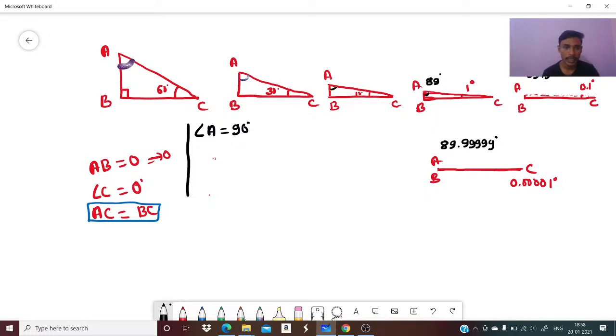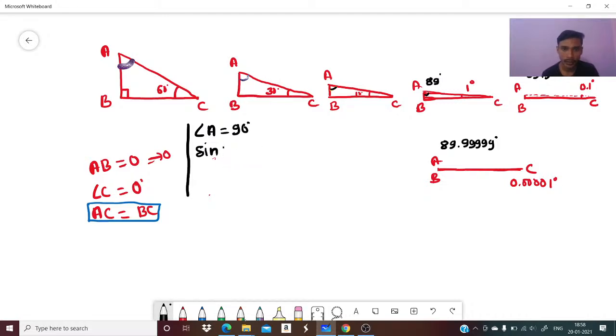Right. And I have the information before that my AB is equal to 0, and my AC is equal to BC. Let me have a look over the chat if you have any questions. No questions, fine. Now if I ask you to find the value of sine of 90 degree, or the sine of angle A, let me write the A itself so that you won't get any confusion.